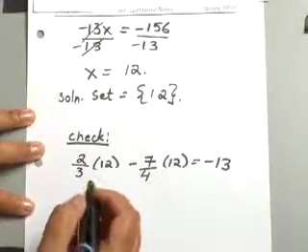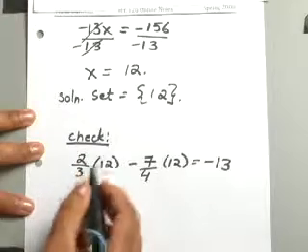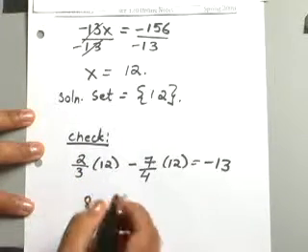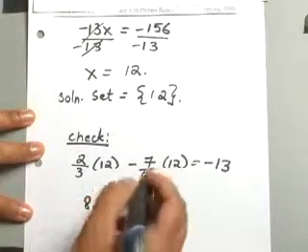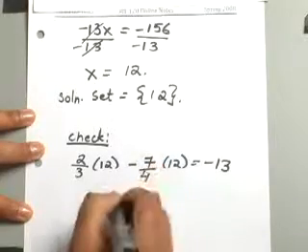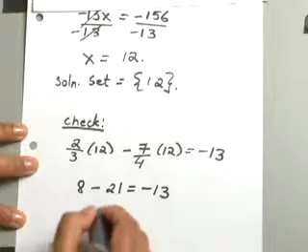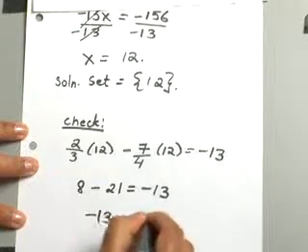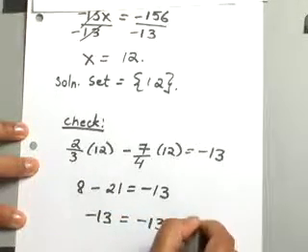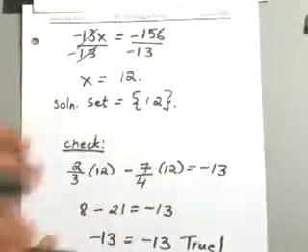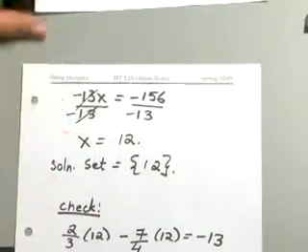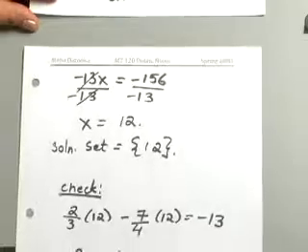And let's see, this will give us 8 minus, again go ahead and multiply this, 21, which equals negative 13. And you will see you end up with a true statement here. So that tells you that 12 is the solution to our original equation. Okay?